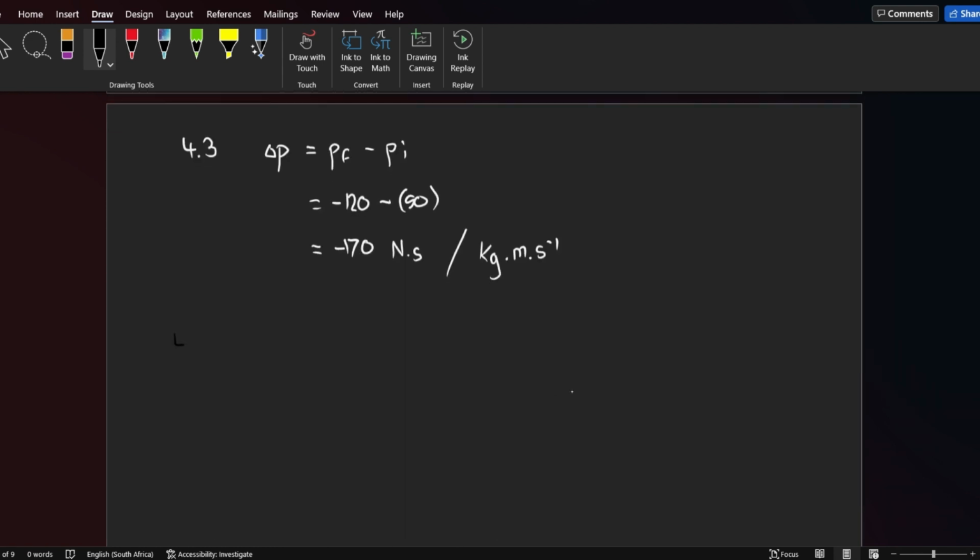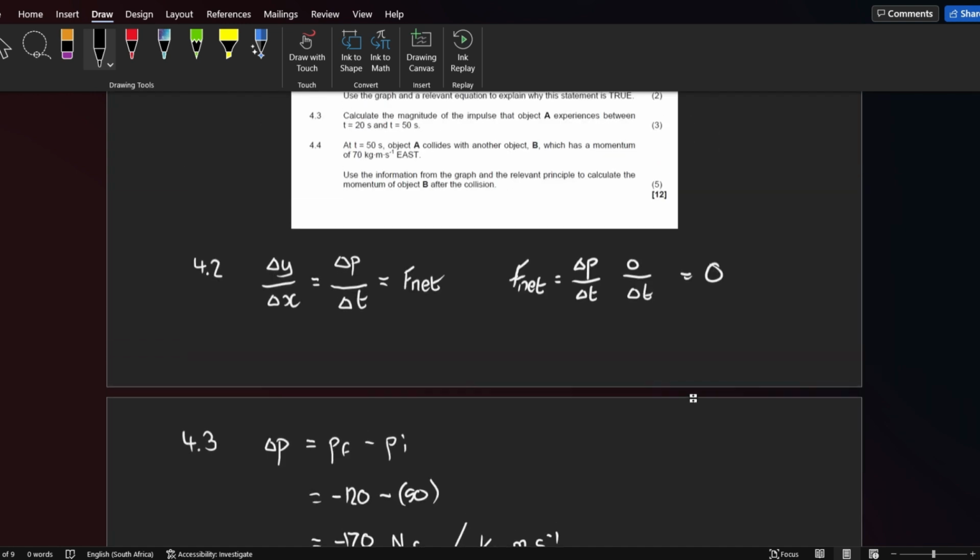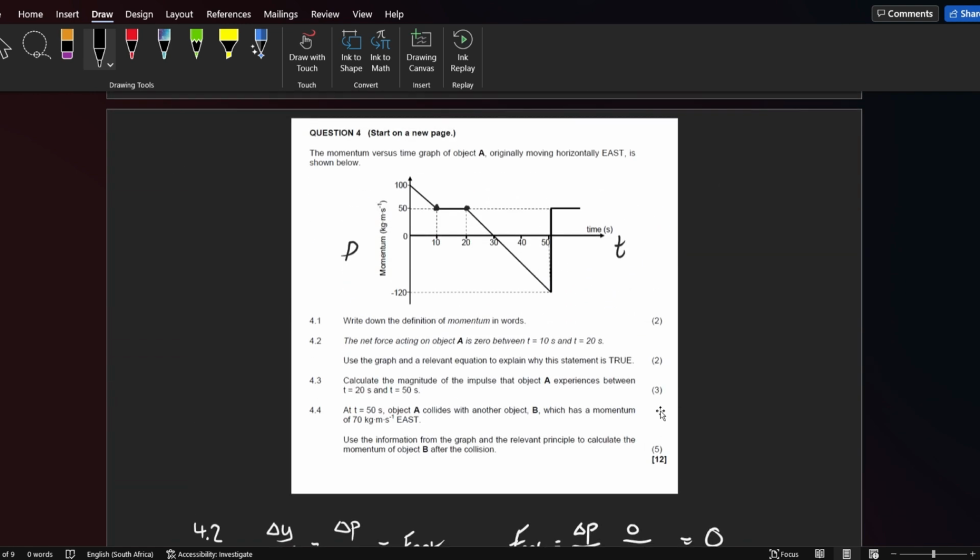So for 4.4, the principle that we will use is the principle of conservation of momentum. Why? Because we have two objects and momentum will be conserved in this scenario.